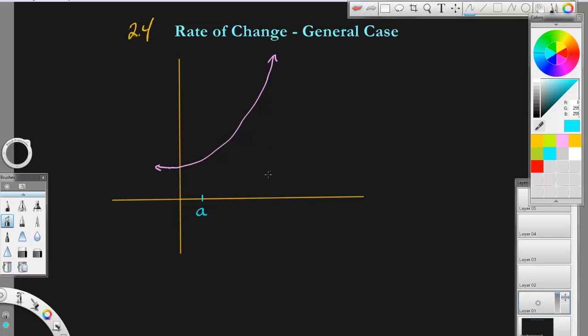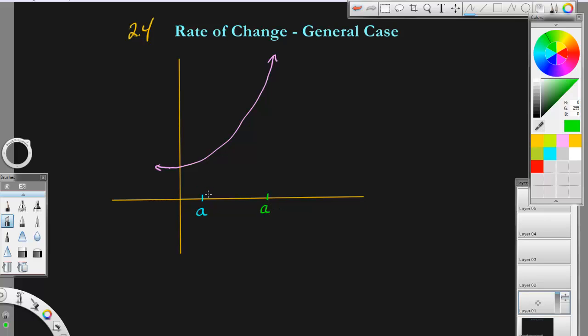And then I'm going to pick another point, which I'll make green right there. And we'll call this point a, but we're going to add a distance to it. The way that all calculus books I've ever seen do this is they add a distance called h.